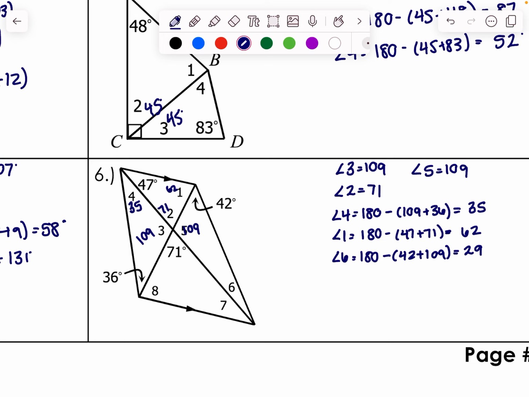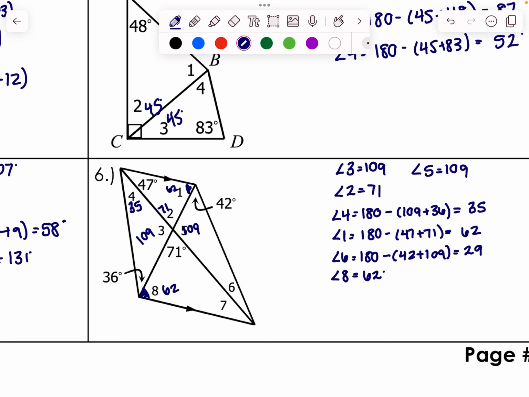All right, and then I do have to use the fact that I have parallel lines in here, so I'm going to say that angle 8 and angle 1 are alternate interior, which means that they are congruent. So angle 8 is going to be equal to 62.